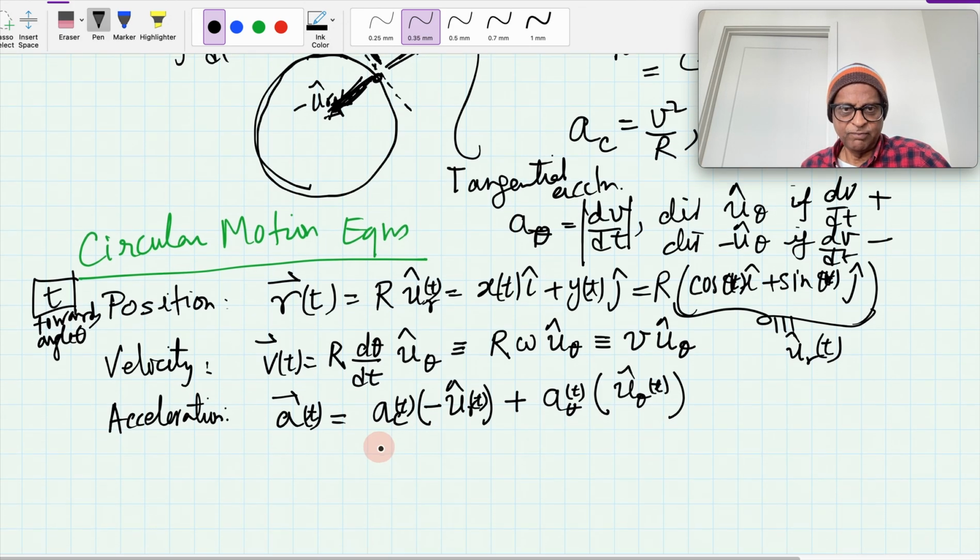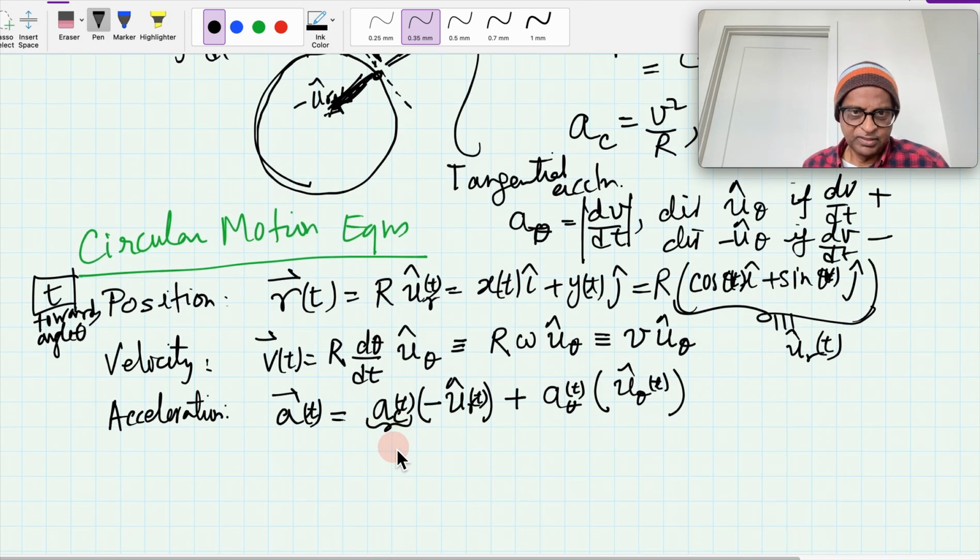And a c, this part is v square over r, also written as r omega square.